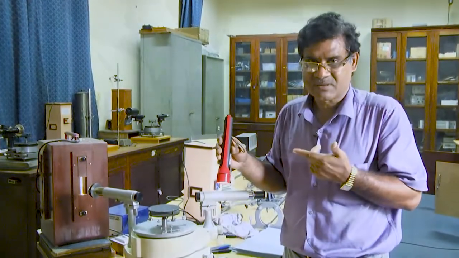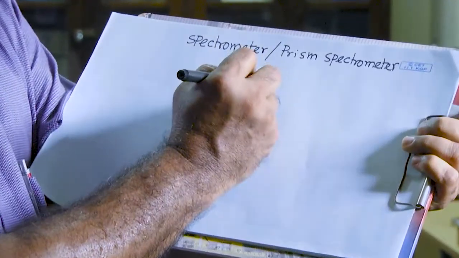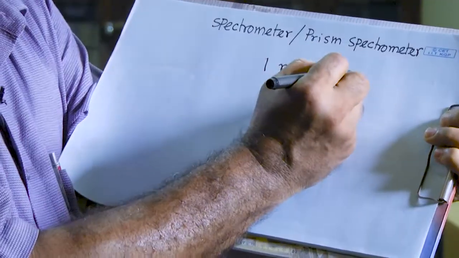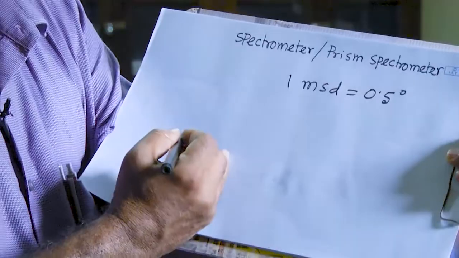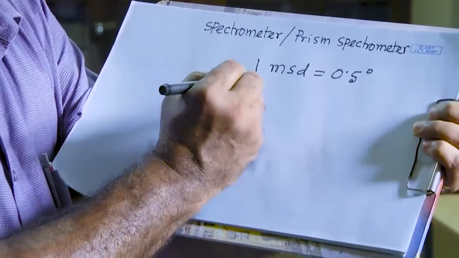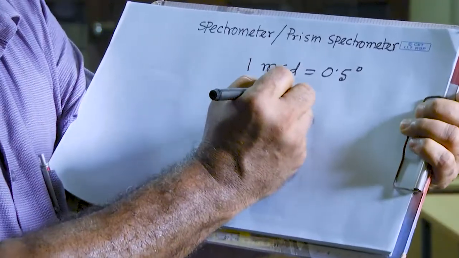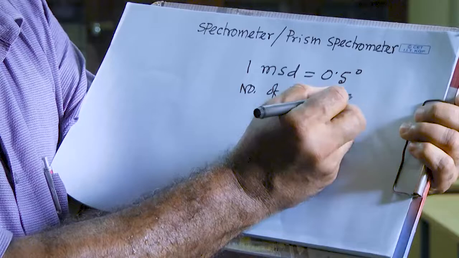That is the vernier constant. One main scale division is equal to 0.5 degree, and the number of vernier scale divisions is equal to 60.